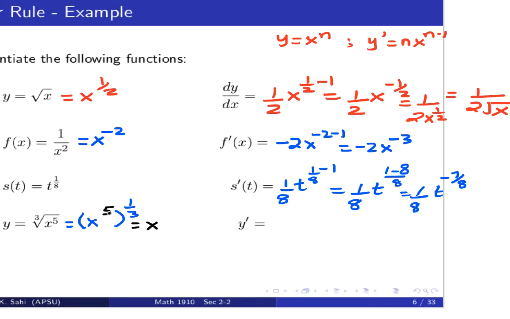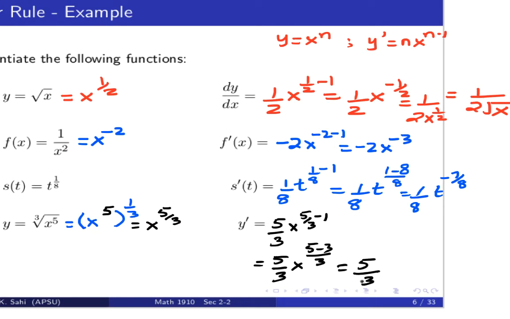So this is x to the power 5/3. Now when I want to take the differential y prime, it's going to be 5/3 x to the power 5/3 minus 1. Now 3 is the common denominator: 5 minus 3. So your final answer is 5/3 x to the power 2/3.